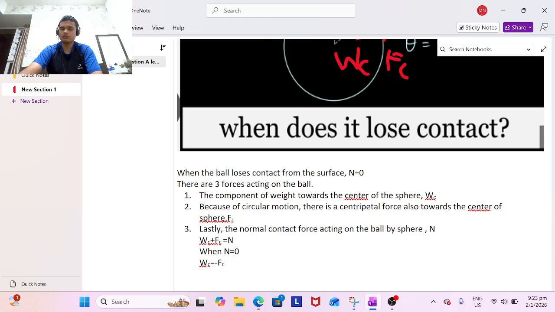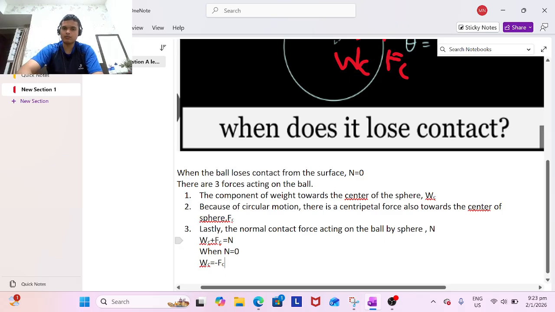Sorry, actually, I made a mistake here. The centripetal force is not actually a force. It is basically a force that we need to make it move in circular motion. So actually, it comes on the right side of the equation.